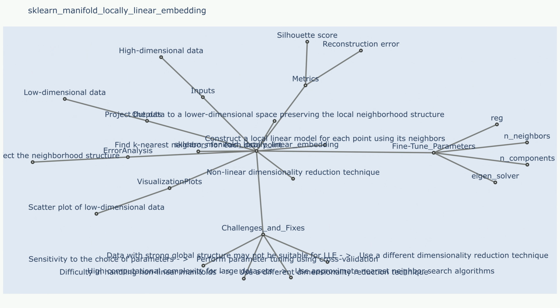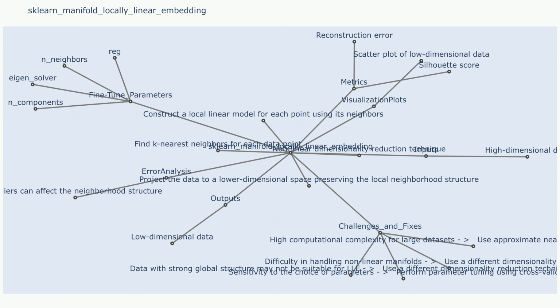Auto selects the most efficient solver based on the data size. method: the method to use for finding the embedding. Standard uses the standard LLE algorithm, while modified uses a modified version that can be faster for larger datasets.